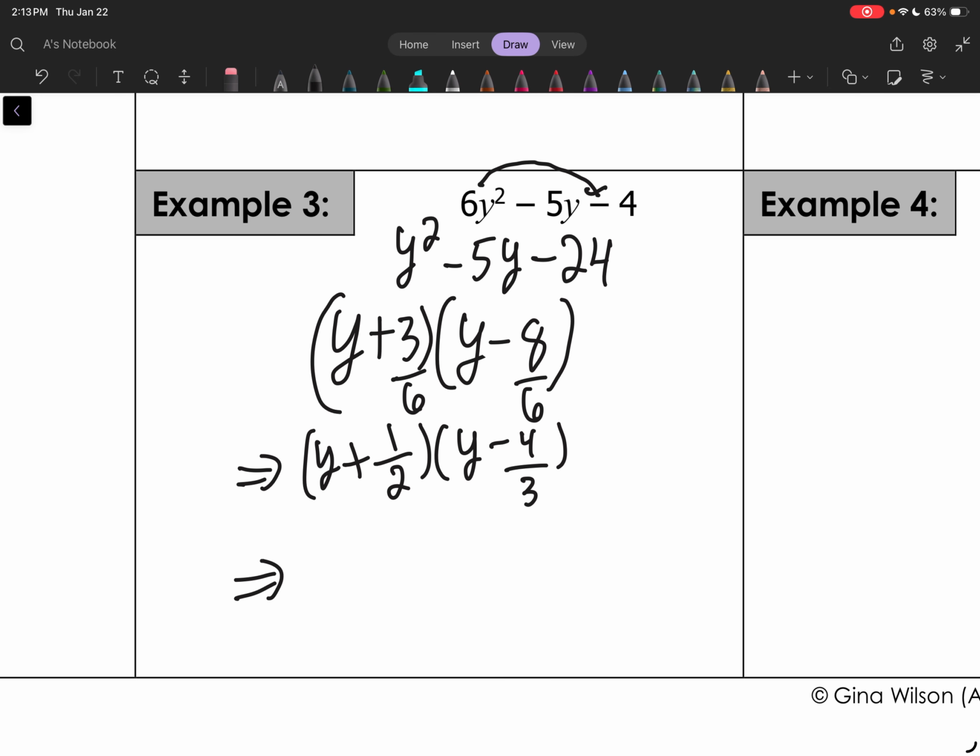I cannot simplify this any further, so I'm going to take the denominator and put it in the front. 2y plus 1, 3y minus 4. Once again, I am finished. There's my answer.